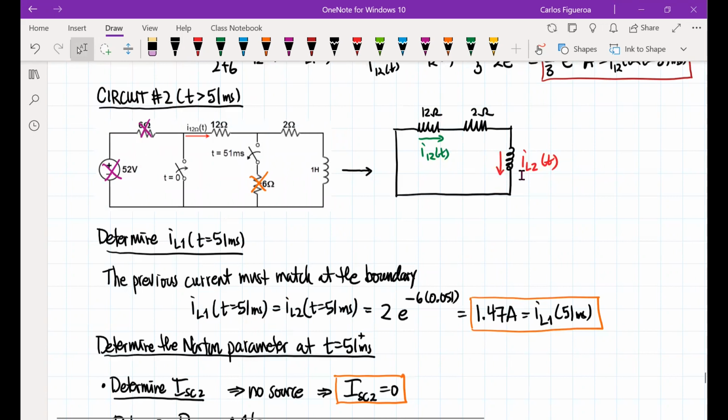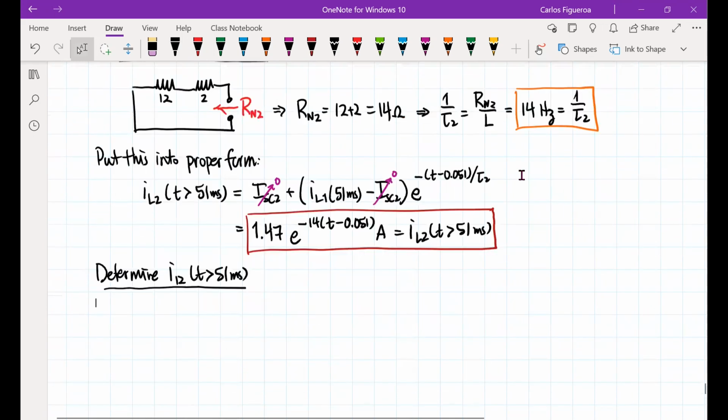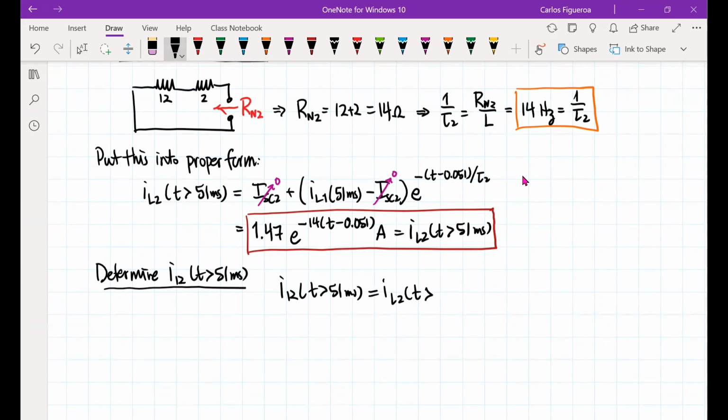So the 12 and the inductor are in series. So this is pretty straightforward then. This just tells me that I12 for t greater than 51 milliseconds has to be the same as this guy for t greater than 51 milliseconds. So that was straightforward.